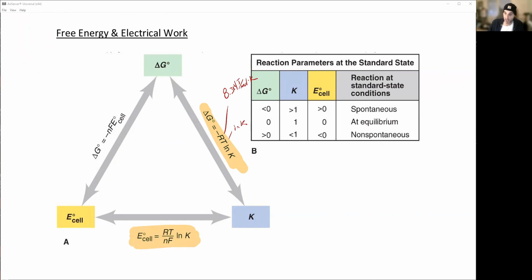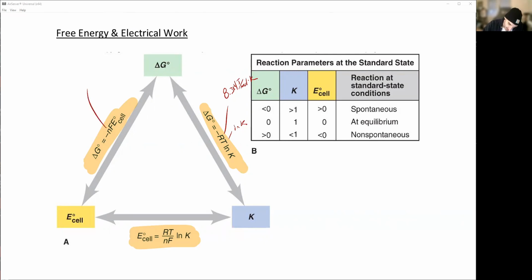There is a relationship between E cell and equilibrium, because once we're at equilibrium, we have a dead battery, essentially, because it's neither spontaneous nor non-spontaneous at that point. And we also have a relationship between spontaneity and delta G. So we have all of these links.